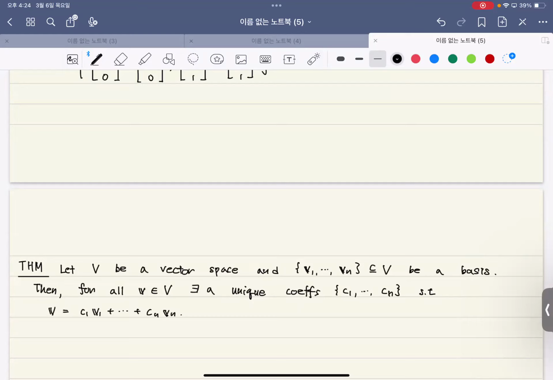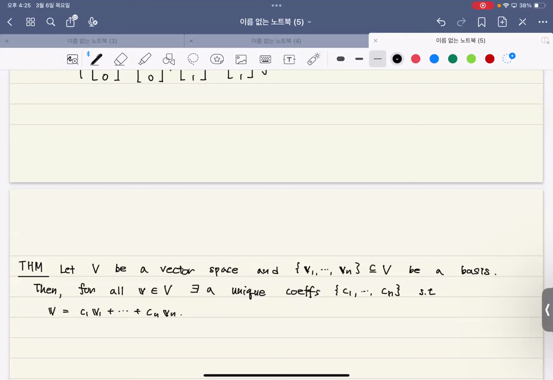A random n-tuple of numbers is a vector, but you can also think of a collection of polynomials, a collection of functions, or a collection of points in space. Everything is a vector, right?